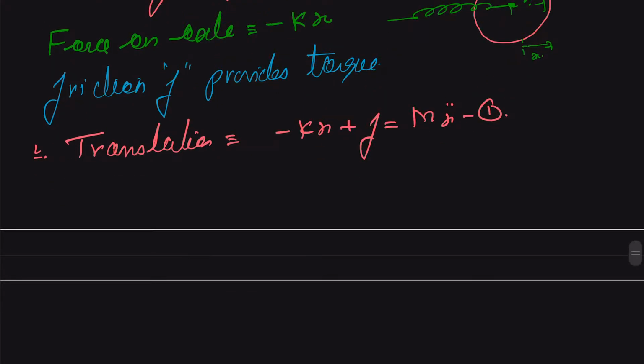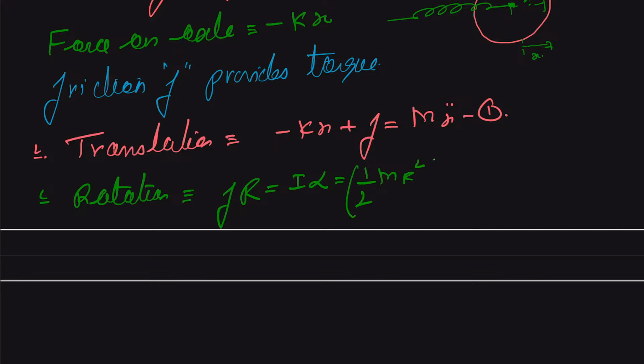And similarly we can write for rotation: friction multiplied by the radius equals moment of inertia multiplied by alpha, that is the torque. Moment of inertia is half m r square, and alpha is x double derivative divided by r.